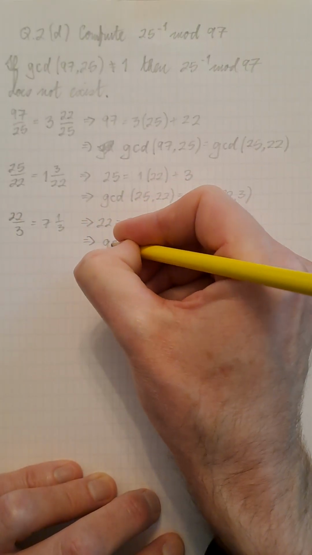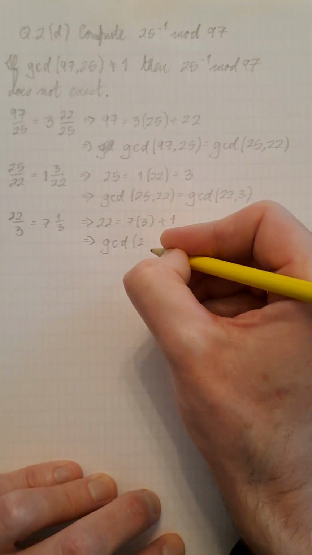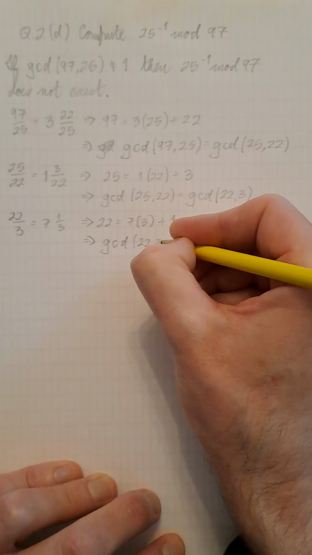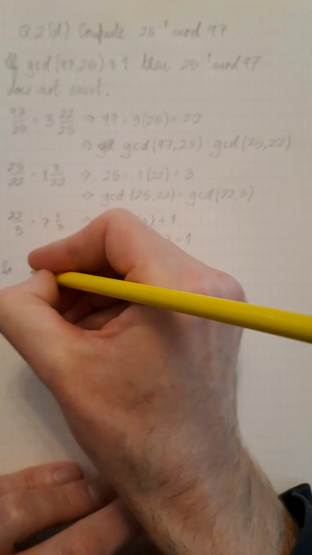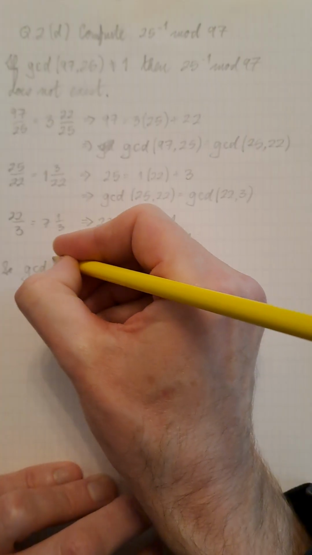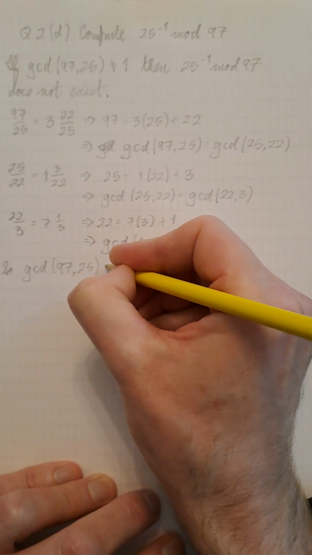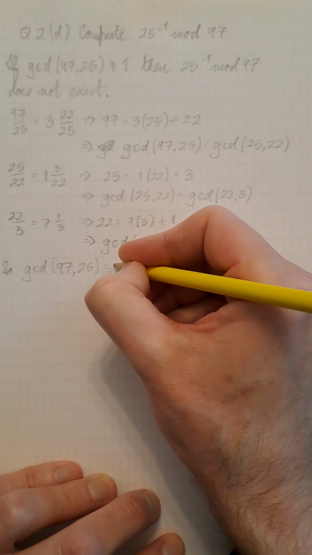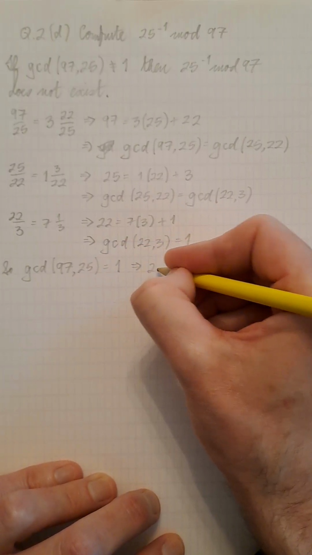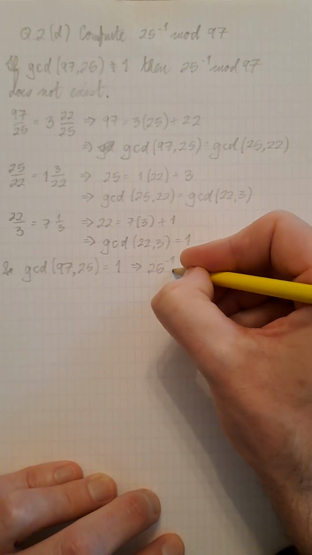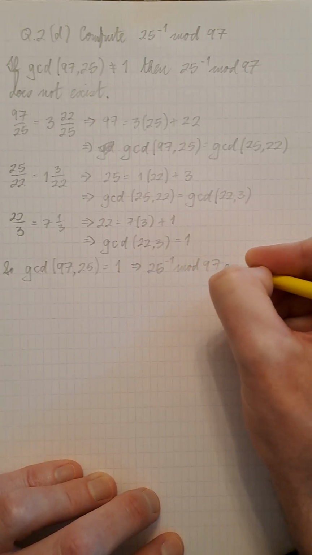That implies that the greatest common divisor of 22 and 3 is equal to 1. So the greatest common divisor of 97 and 25 is equal to 1, and that implies that the inverse of 25 mod 97 exists.